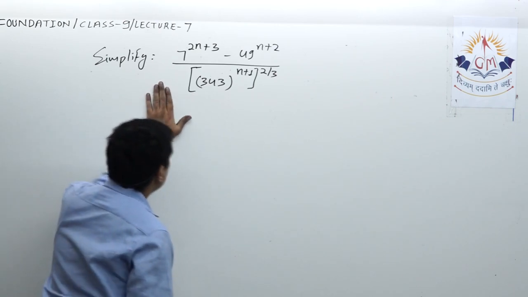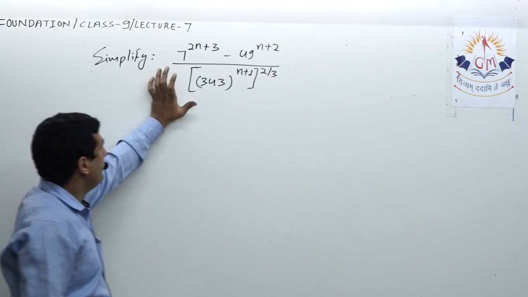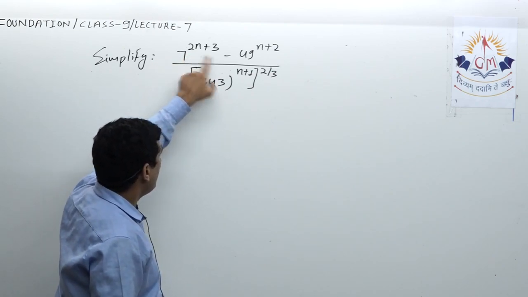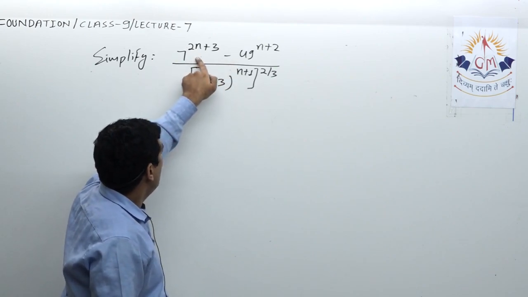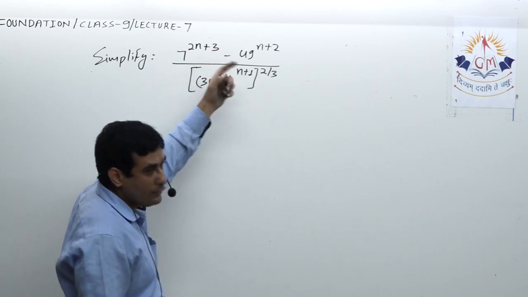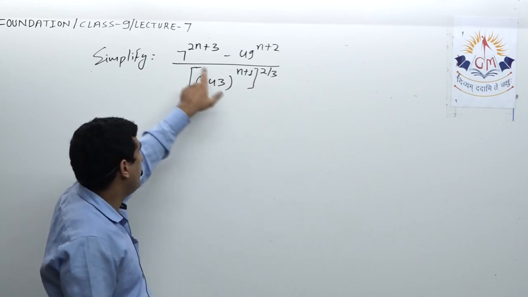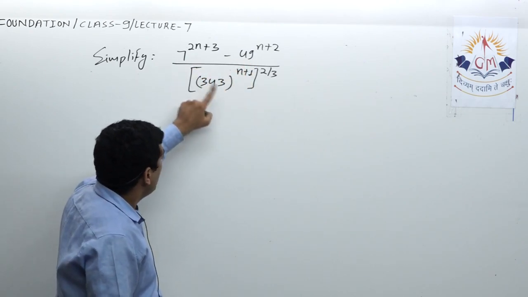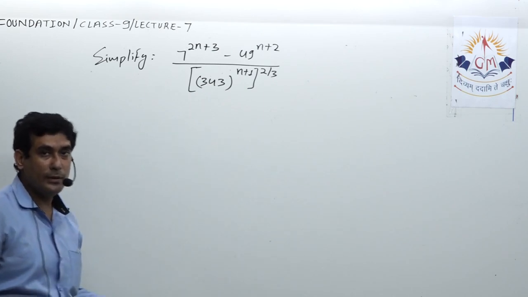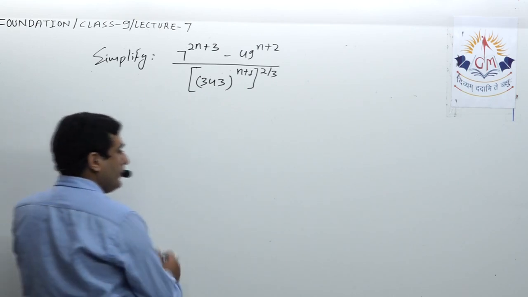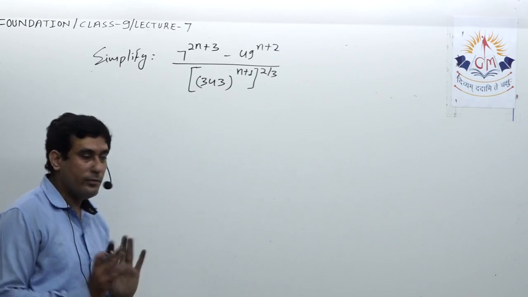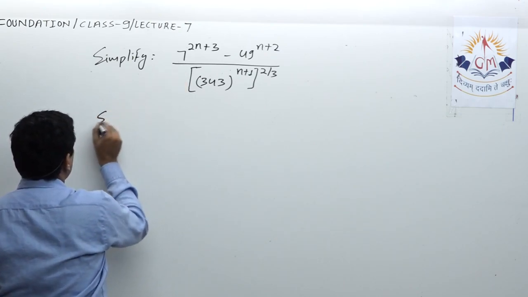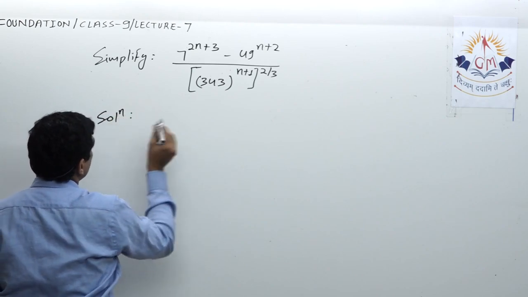Again, as I told you, we already solved this type of question. Over here you can observe the bases are multiples of 7, or I can say powers of 7. This is 7, 49 is 7 square, and 343, if you remember the cube, is 7 cube. So in the base we have 7, either 7 or 7 square or 7 cube. So let us see how to solve it further.